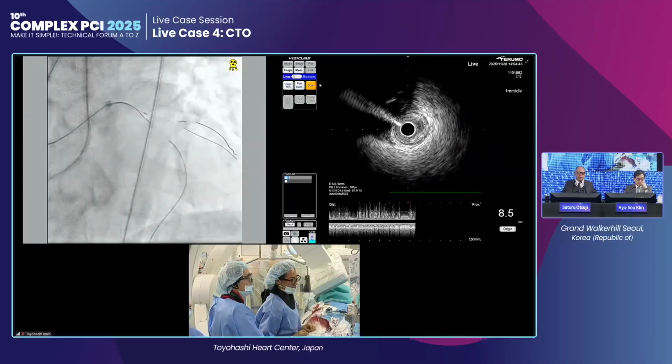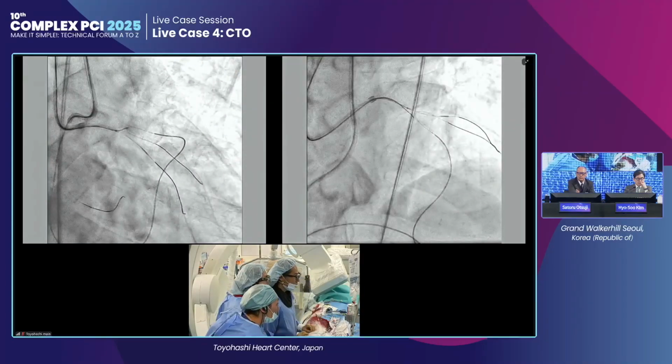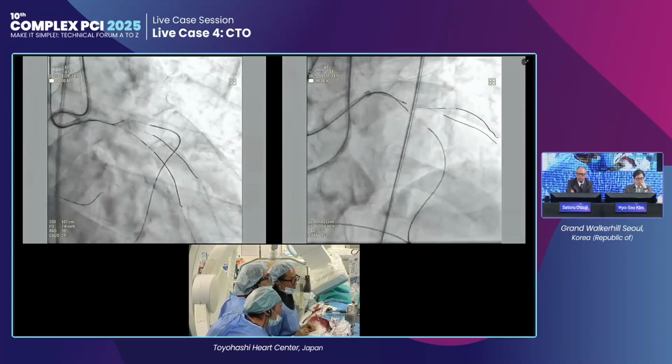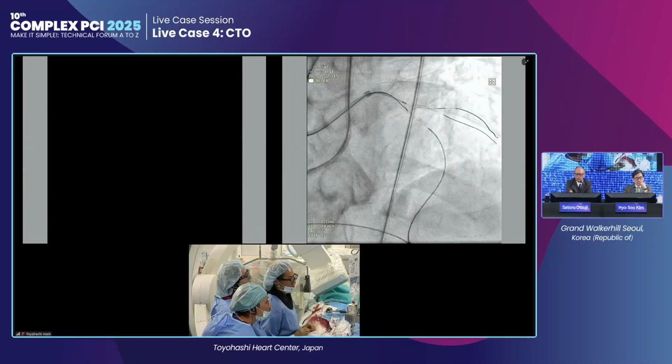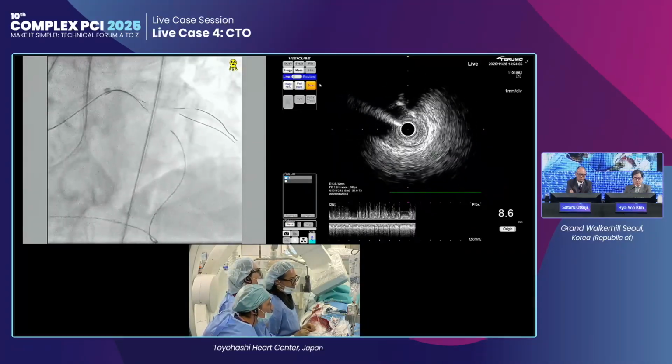Looks better. Yeah, this is not so bad. Looks better on both angles.